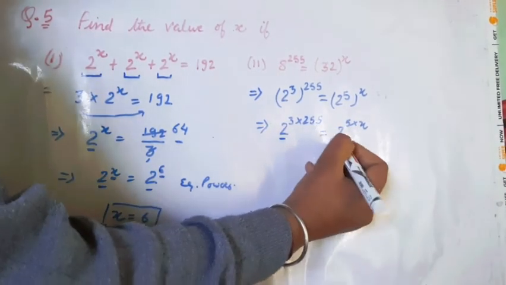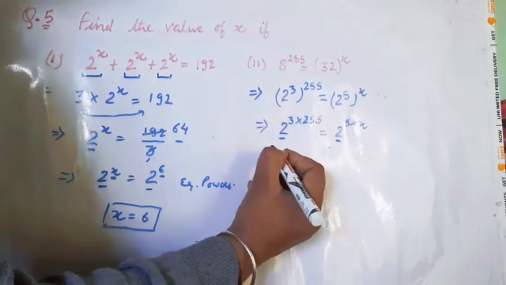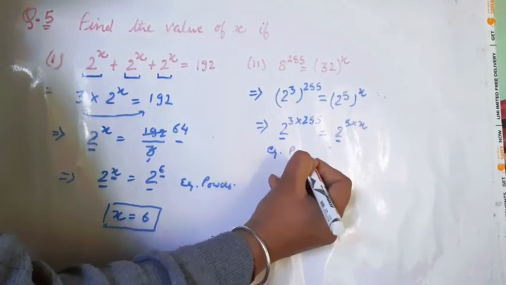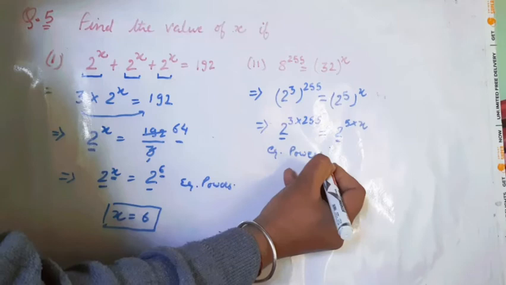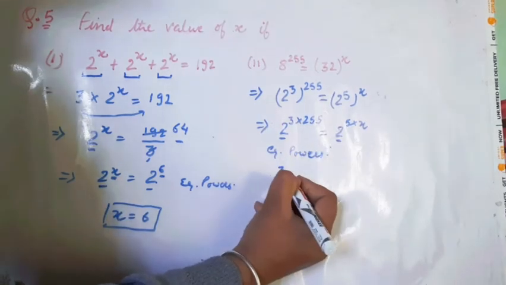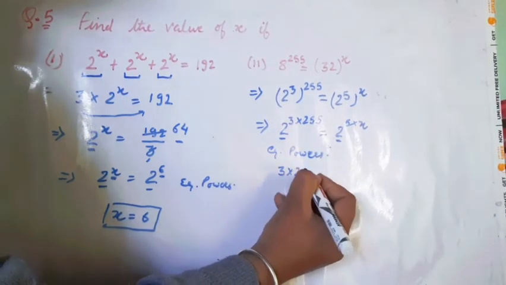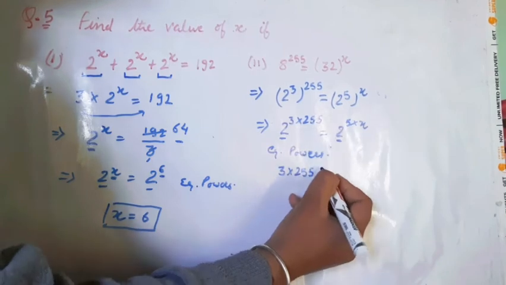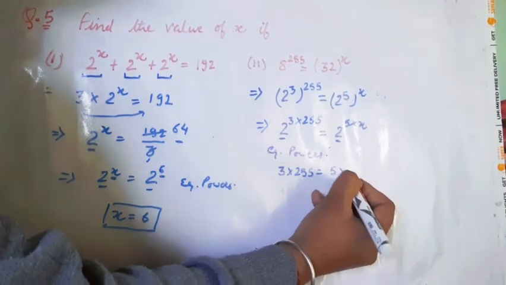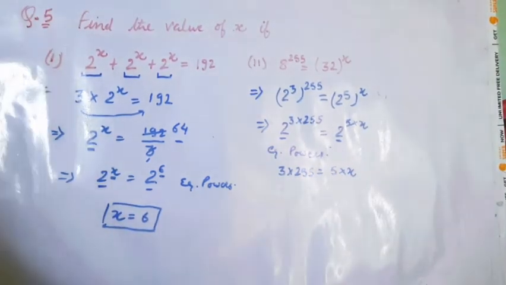Now the bases are same, you can equate the powers. Equating powers, 3 into 255 will be equals to 5 into x.